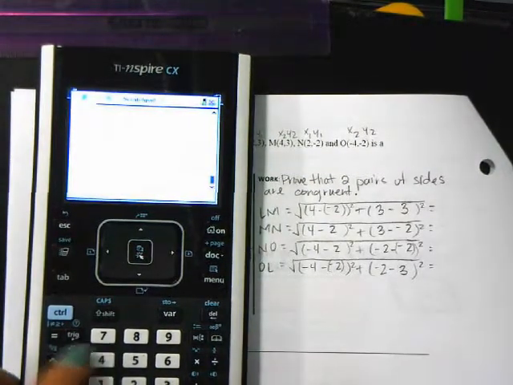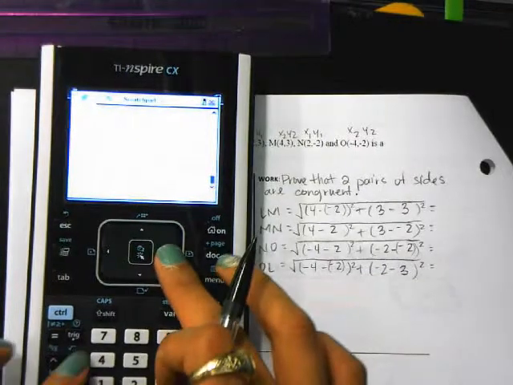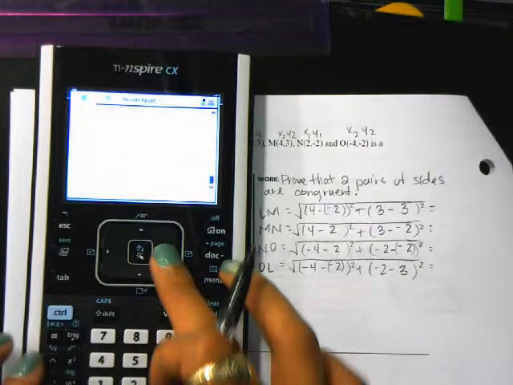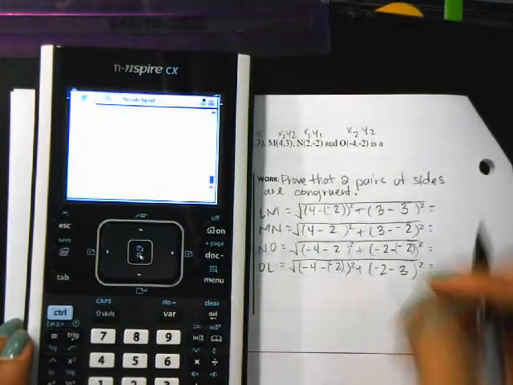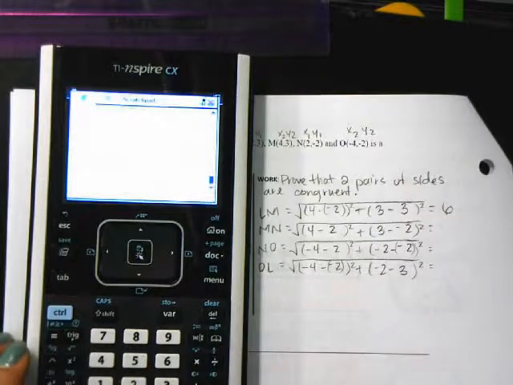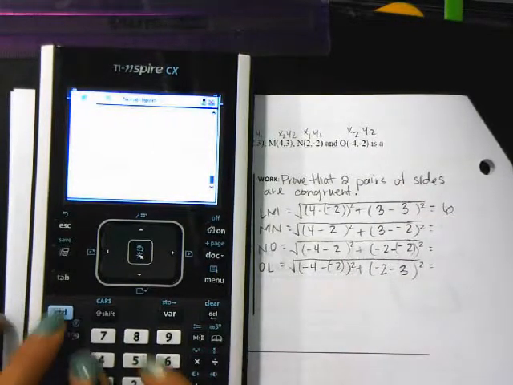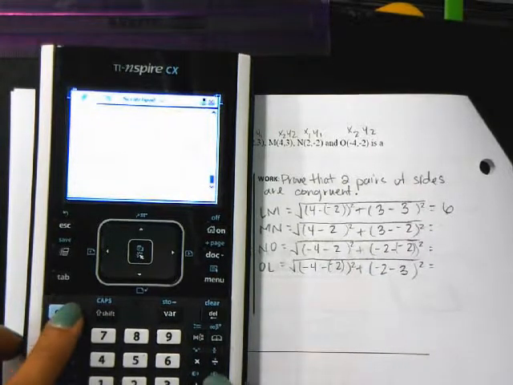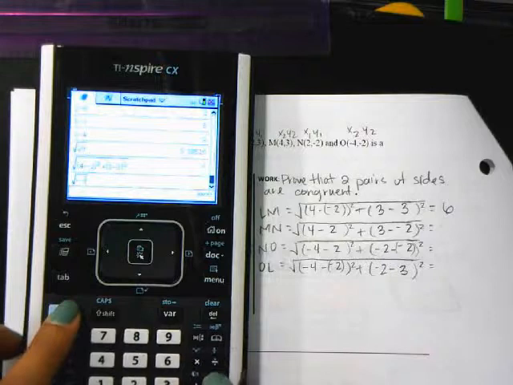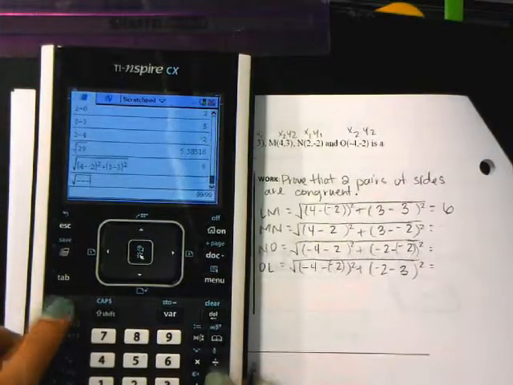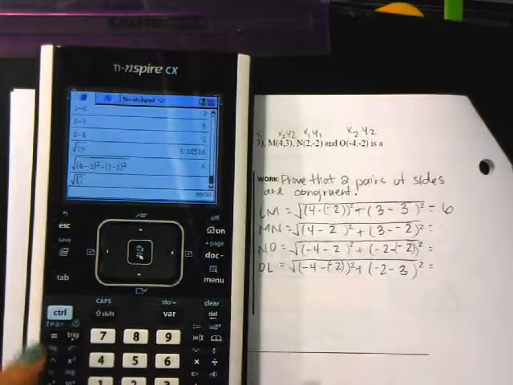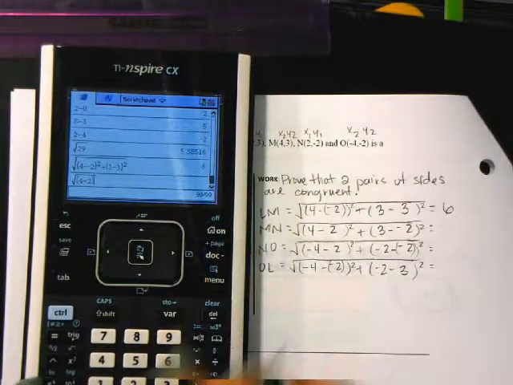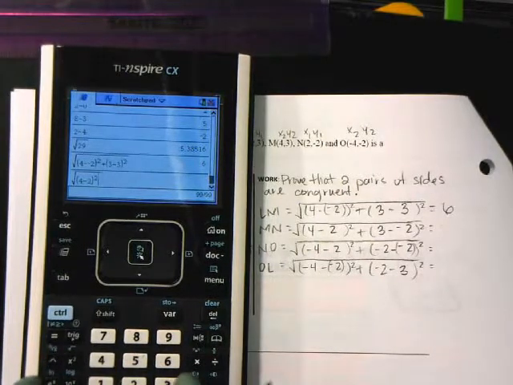Next one, square root symbol, parentheses, 4 take away 2 squared plus 3 take away negative 2 squared, and I got 5.385 units.